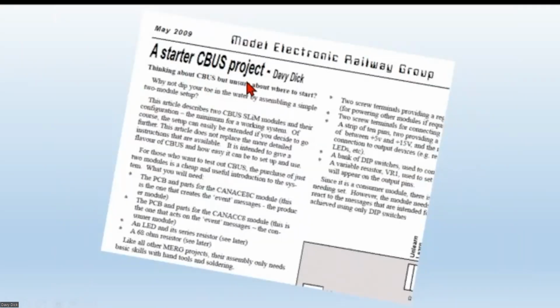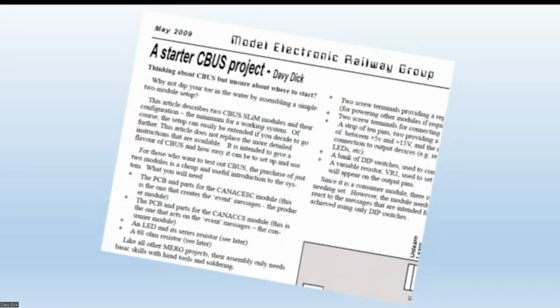If you want to do it using dip switches, then I wrote a 3-part series way back in 2009 on how to set up C-Bus modules and what they call, you'll see it there, SLIM, which is the simple implementation. In other words, it doesn't need a computer for this implementation. So if you buy the starter pack, then there's a 3-part series in the journal on how to set it up, apart from the documentation that comes with it.